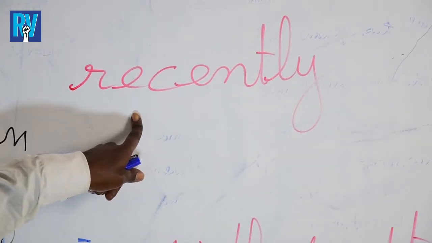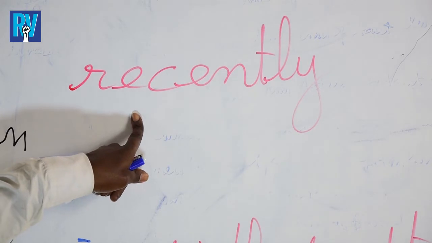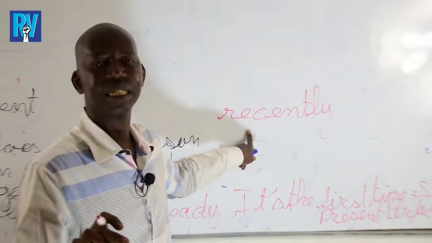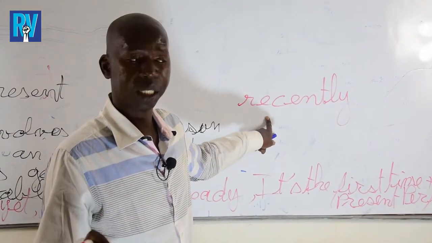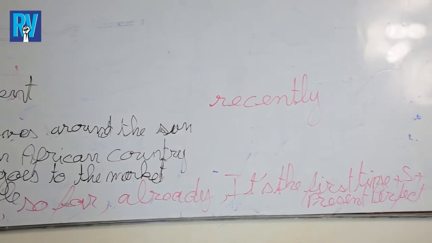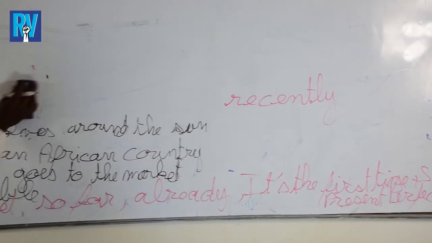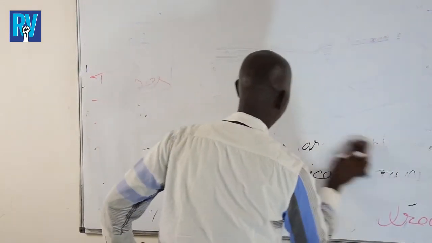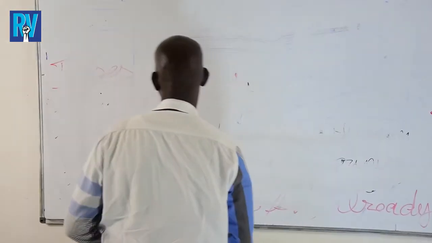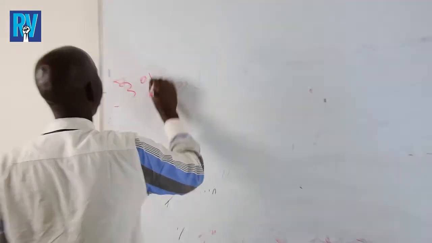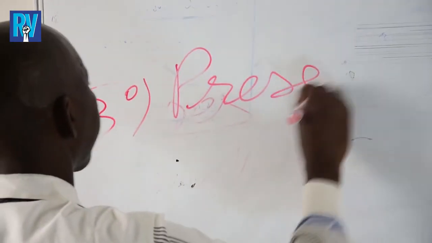Donc, le present perfect, c'est un temps qui s'emploie quand on parle d'une action passée, mais récente, qui ne date pas de longtemps. Ok? So, let us see now, as the third one, the present progressive.